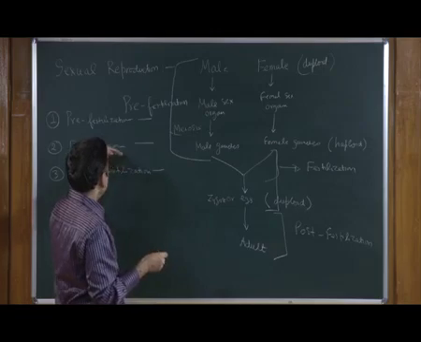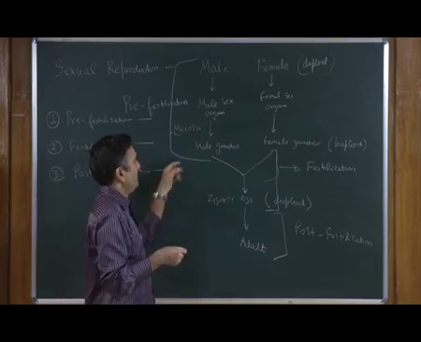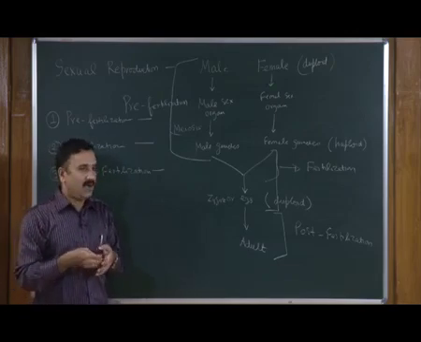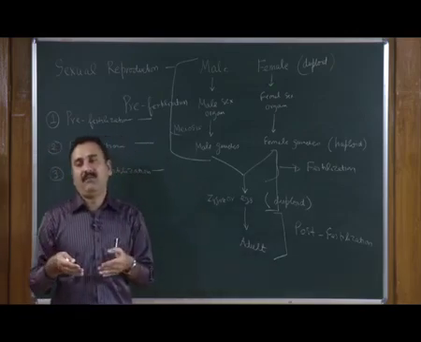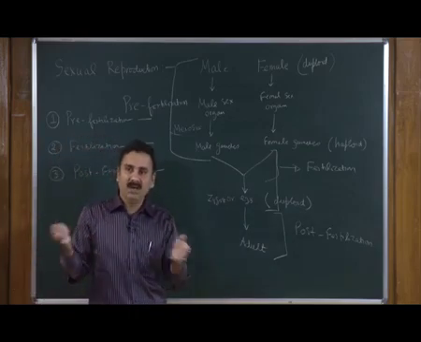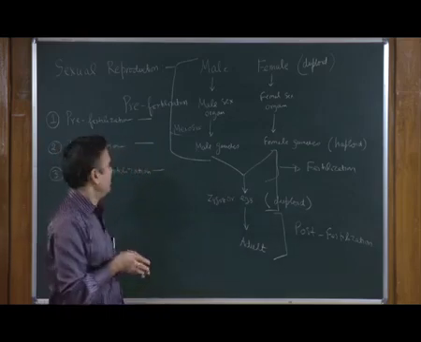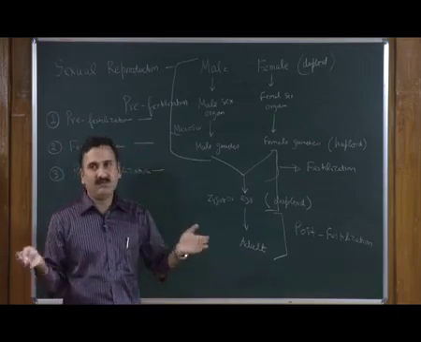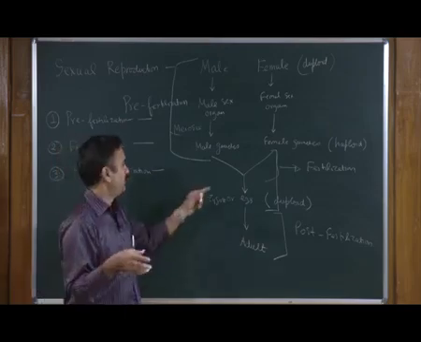Then the fertilization event is where the male and female gametes come closer to each other, and there are features present on the male gamete and on the female gamete which make them do this process very optimally.